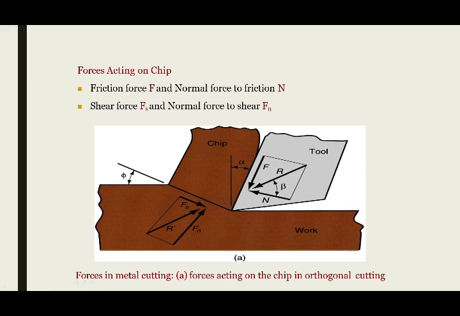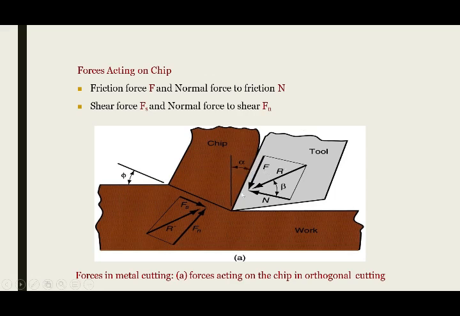This is the shear plane. The shear force will act along the shear plane. Fn is the normal to the shear plane, that is, force acting normal to the shear force. Then the friction is acting between chip and tool.